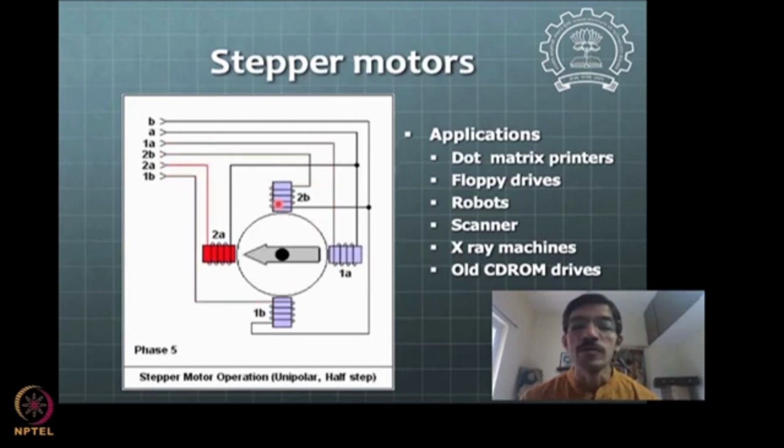Are you with me? So you should think about how can we have multiple steps possible between the two half steps, or within one full step. How can I have more steps than half step possibility? Think about that.